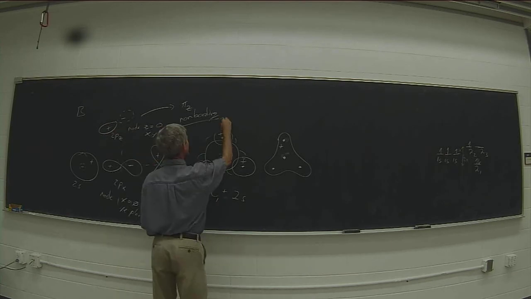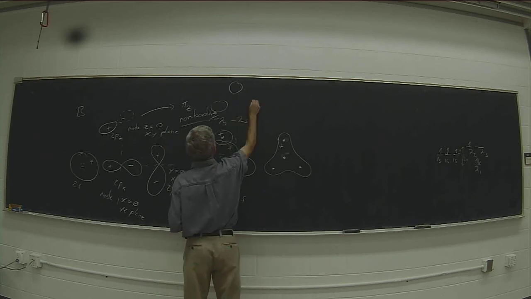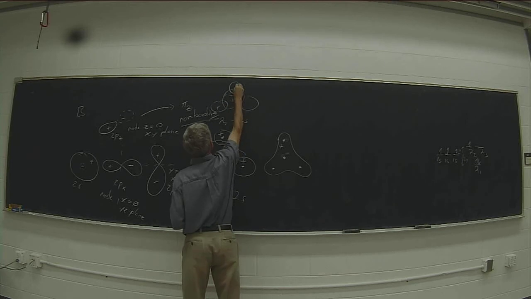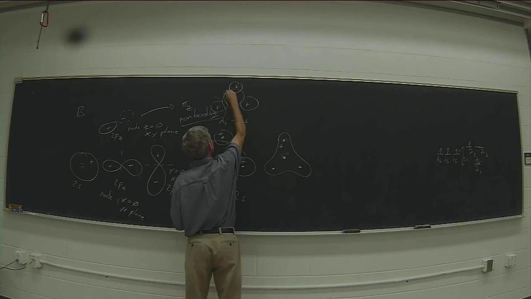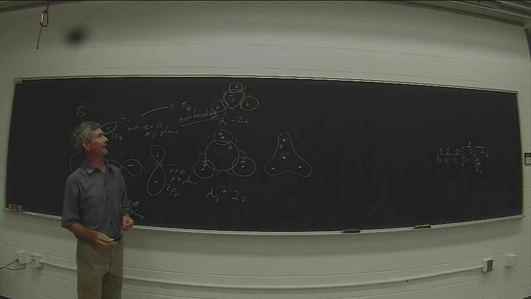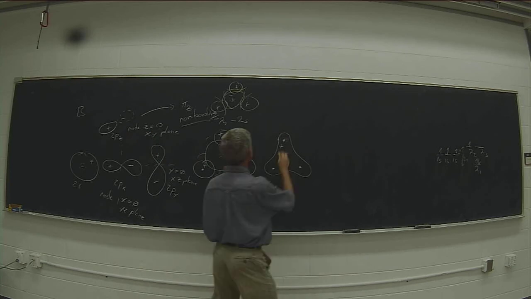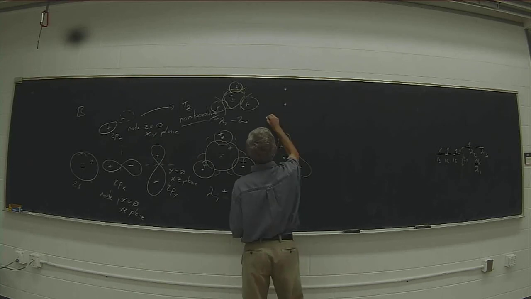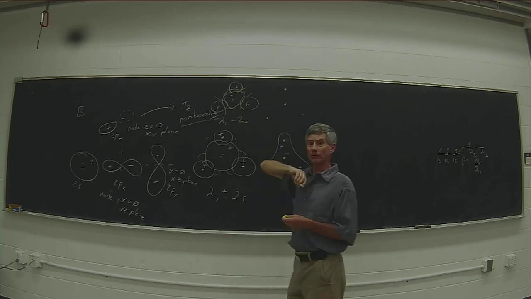Lambda 1 minus 2s changes the sign on the 2s orbital and creates sections where new nodes are created. In fact, in this case, the node that's created is going to be a spherical node, which is much like the spherical node that's there in the 2s orbital in the first place.